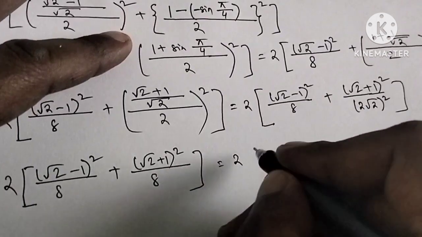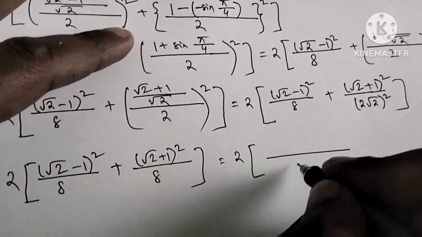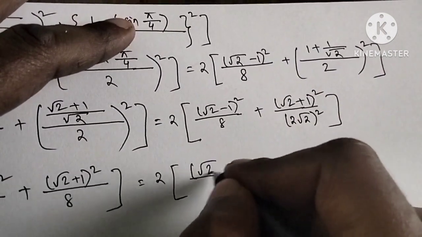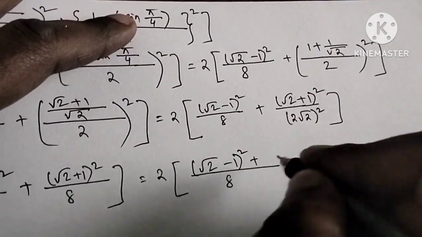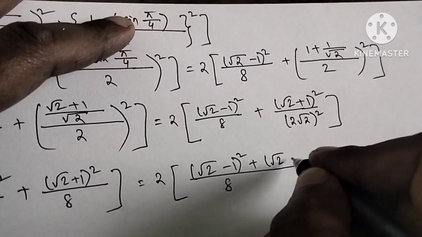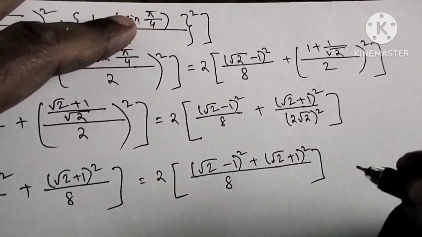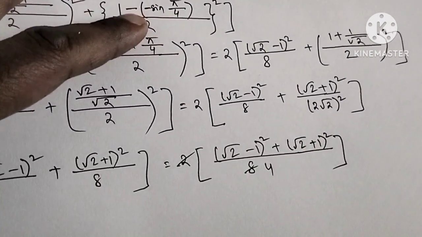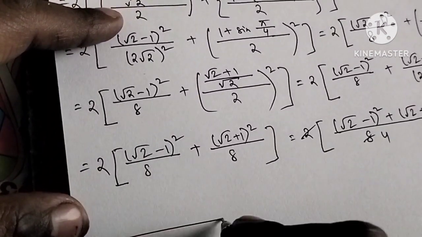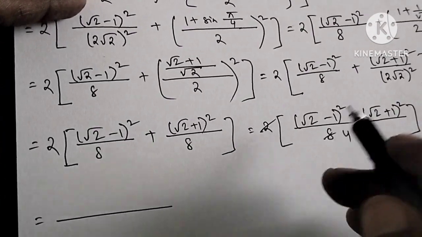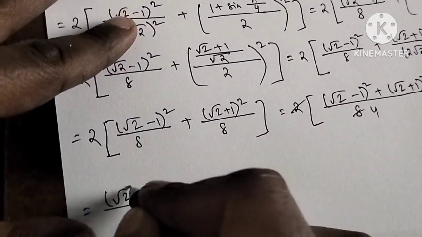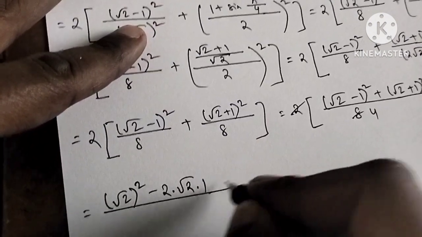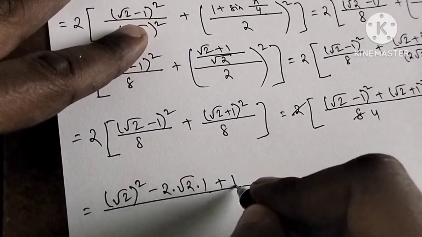So now LCM will be 8, root 2 minus 1 whole square plus root 2 plus 1 whole square, right? So 2 4 is 8, okay? So now a minus b whole square, a square minus 2ab plus b square, okay?